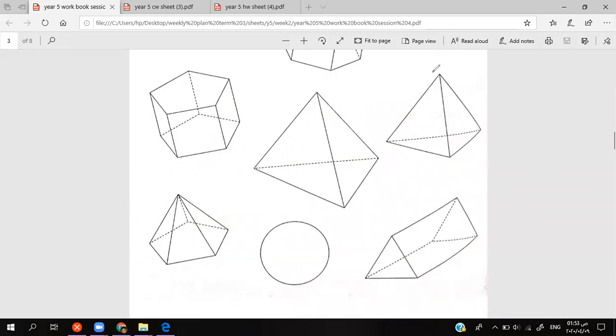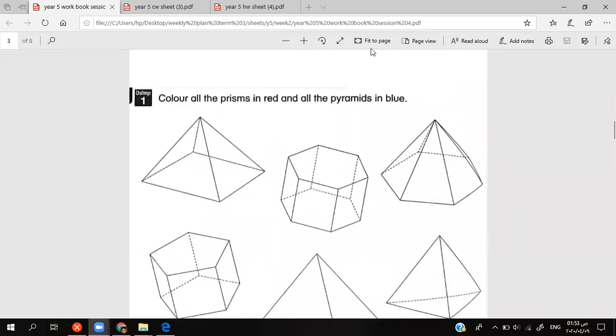Okay, now let's do the pyramids with blue. Pyramids must also have triangular faces. The base isn't important. What's important is triangular faces. So yes, triangular faces. So this is a pyramid, triangular faces, and this is a pyramid. It must have an apex.